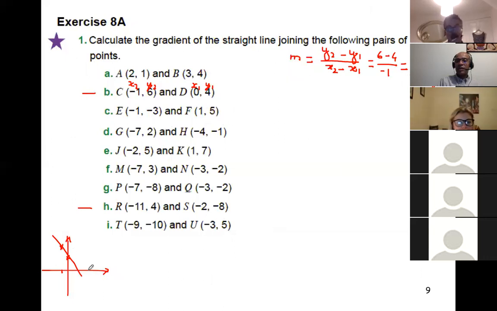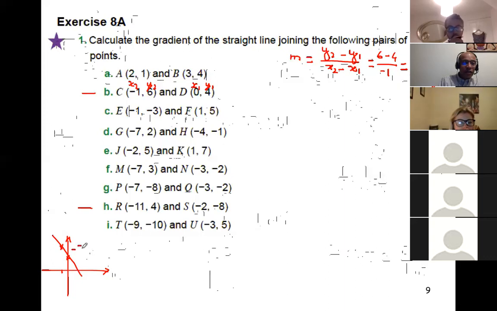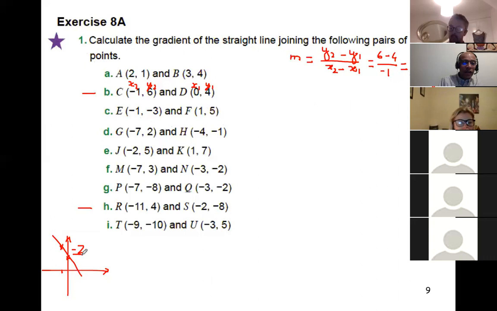Or if the worst comes to the worst, you can't remember this y2 minus y1, draw those two, find out what the vertical is and what the horizontal is, and you'll find out that you've got -2 divided by 1.